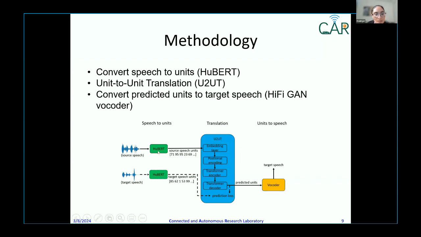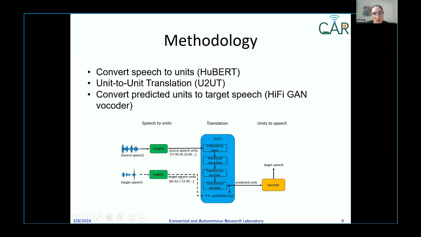This is done using a pre-trained, publicly available model called HuBERT. This model is already pre-trained to learn this discrete representation from speech. So we used the off-the-shelf model, passed our speech data, and got the discrete representation. At the end of the first step, we have a parallel data set that contains discrete units in the source language and discrete units in the target language.